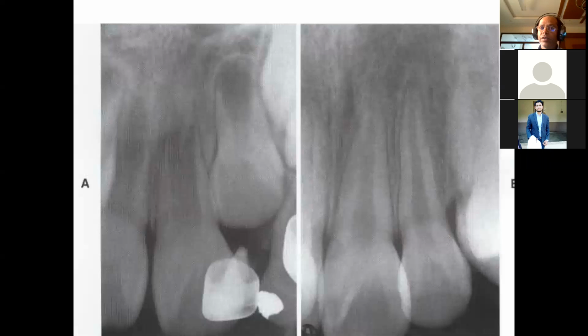Sometimes, when the tooth has erupted and the pulp is damaged for any reason, for example trauma, it could damage the pulp and the pulp becomes necrosed. So there is no further root formation. The root formation is arrested because the pulp is dead. But if the pulp is vital, the root can be completely formed.